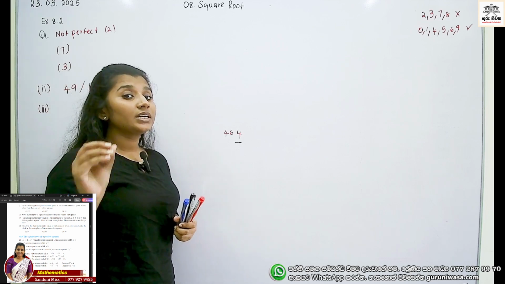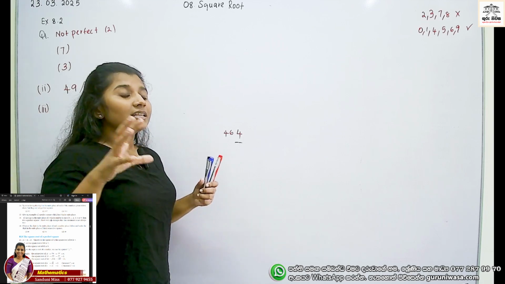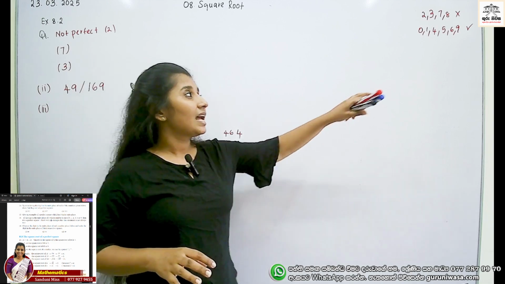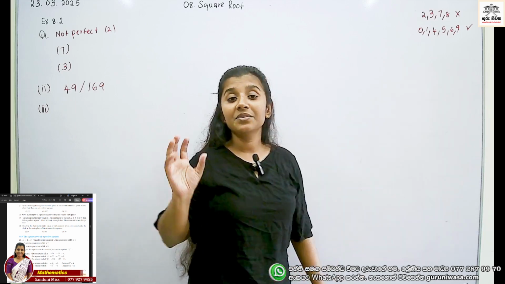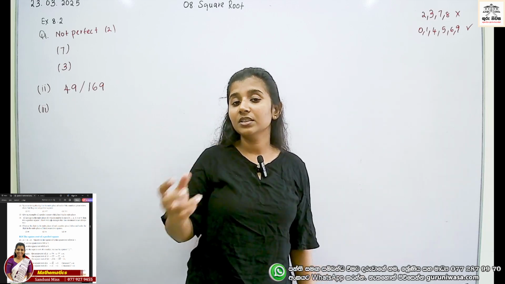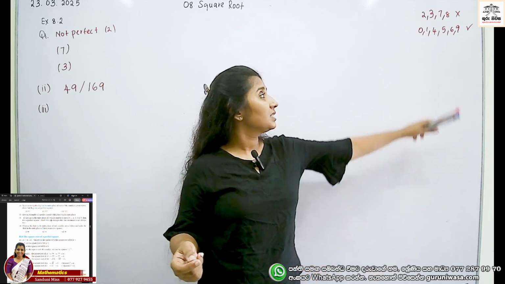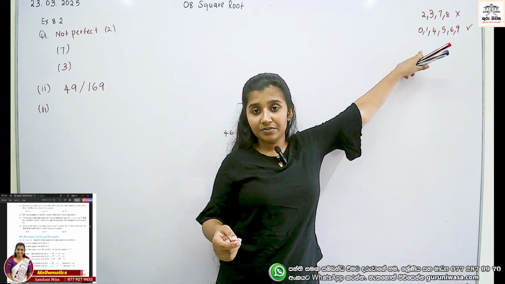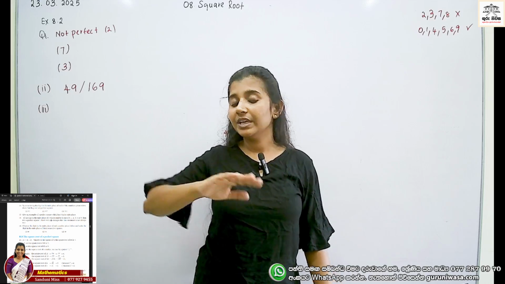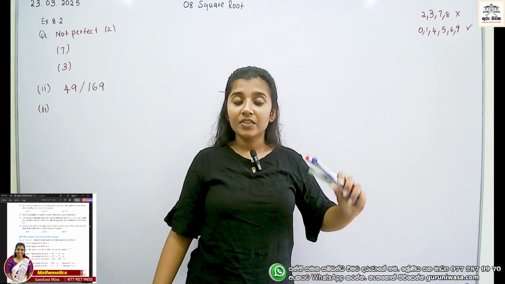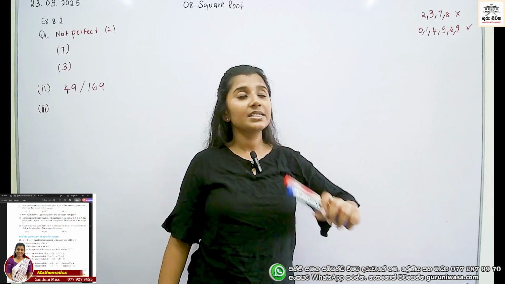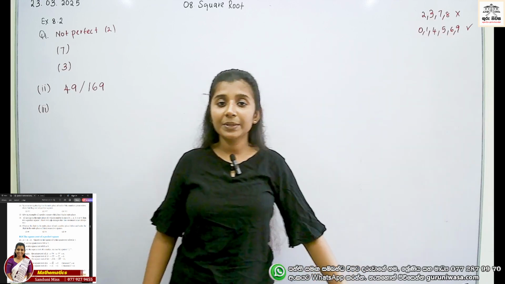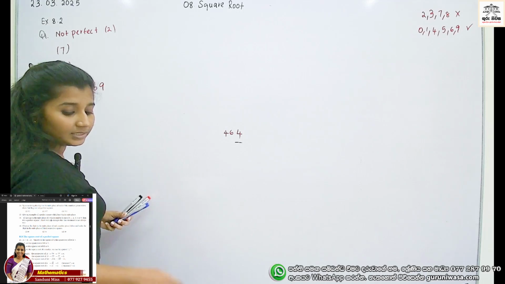But not all the numbers are perfect squares. The perfect square numbers have these digits in the unit place, but we cannot conclude that all the numbers which have these digits in the unit place are perfect squares. We cannot say like that. The numbers which are perfect squares have only these in their unit place, right? So you can say that.